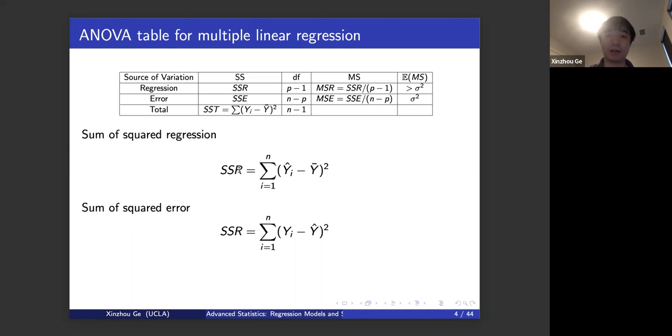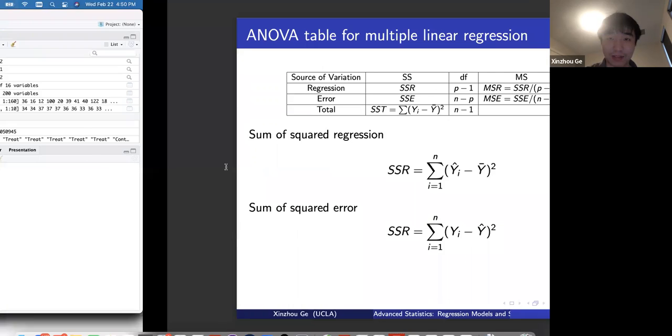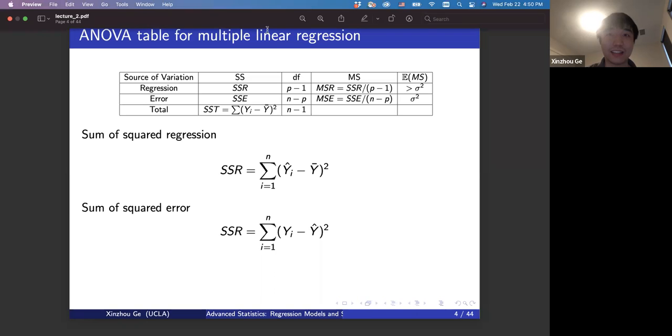So SSR will, sorry, I made a mix. It should be SSE, and I will do the correction now so that you will not have any confusion. Okay, I will do the correction.